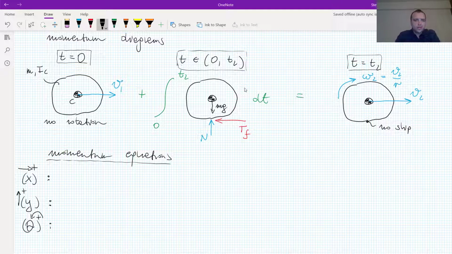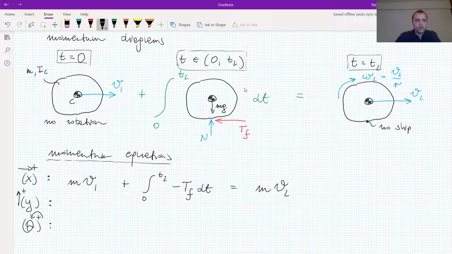In the x direction, we will have initial momentum. We will have mv1 plus integral from 0 to t2 of minus Tf dt, and this will be equal to mv2.